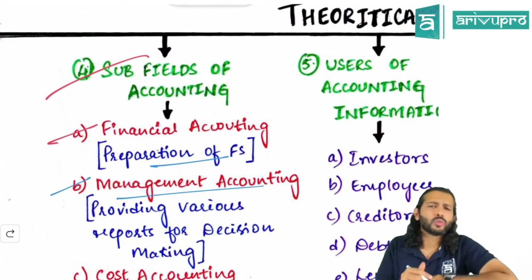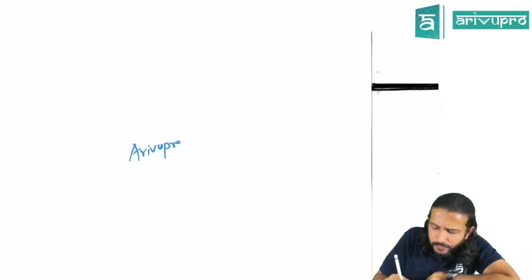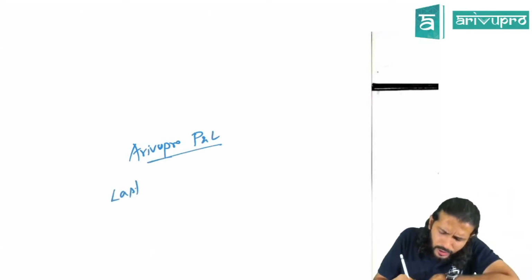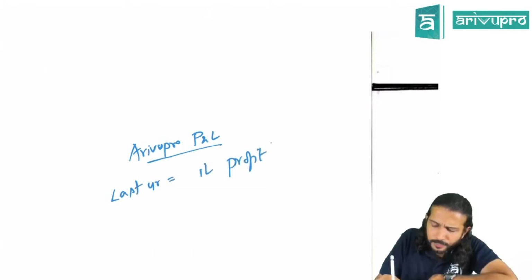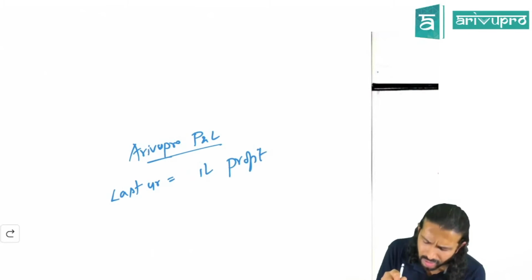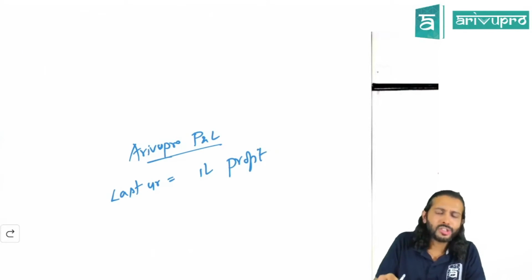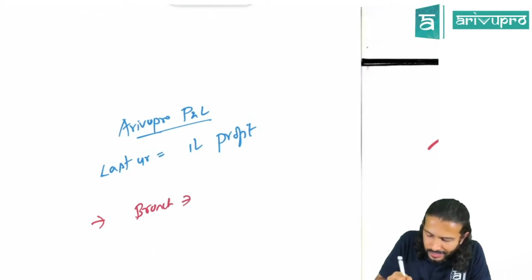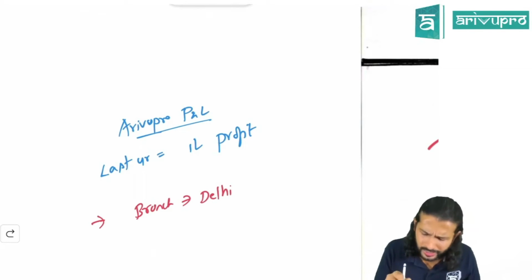Now, what does management accounting mean? Let's say I prepared the Arivu Pro balance sheet, or the Arivu Pro P&L. Last year I prepared the profit and loss account of Arivu Pro, our company, and I got to know that we made a profit of 1 lakh rupees. Now, I am asking you one question. I want to open another branch in Delhi, like Bangalore.